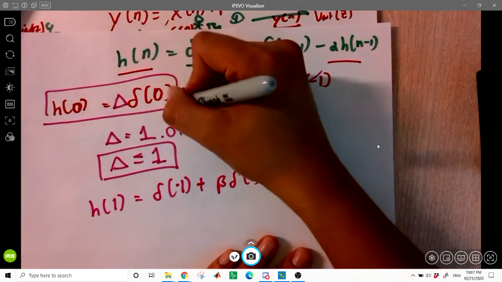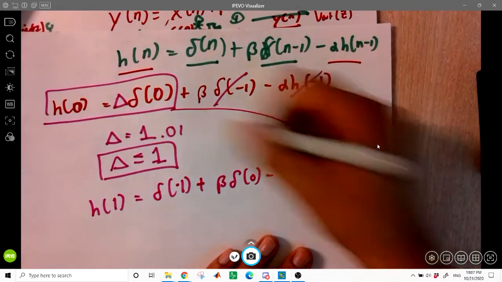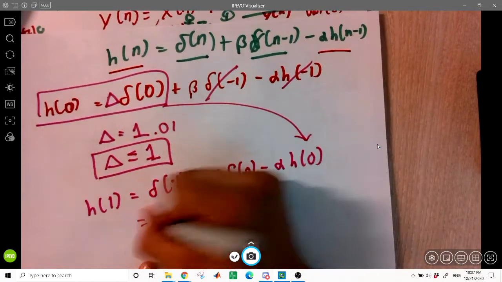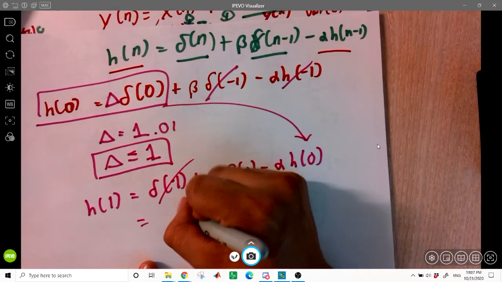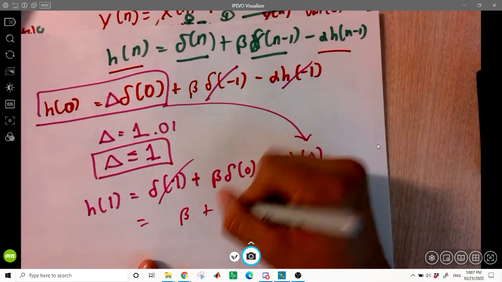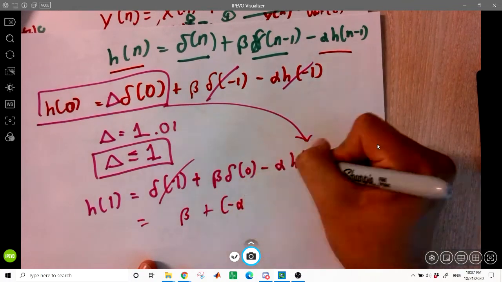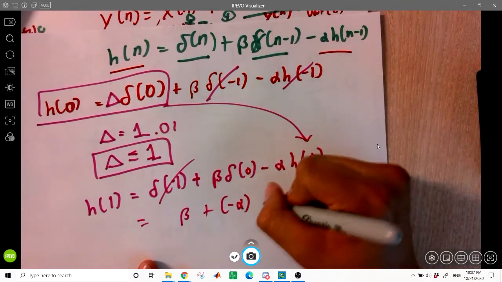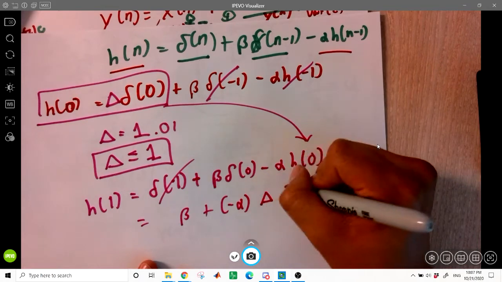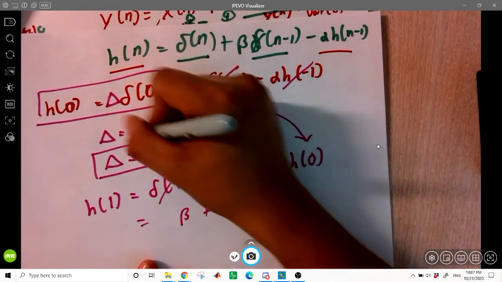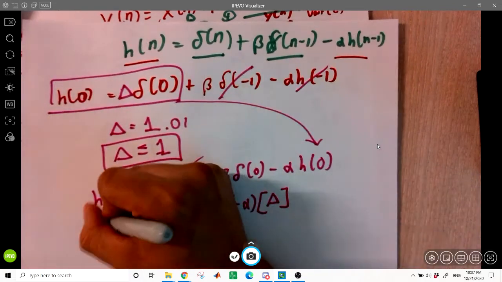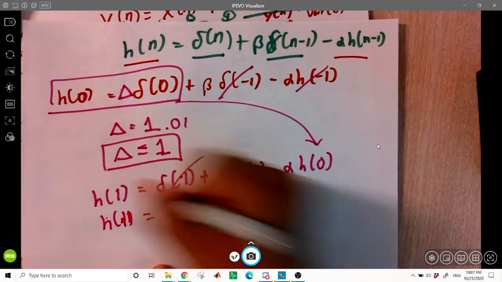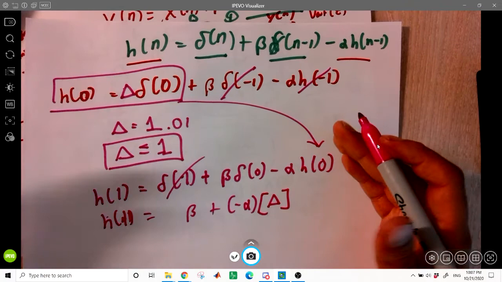We already know what this is, so you would have to substitute it right here. This guy is gone, and this guy is a 1. So your final term is minus alpha from that, h, put a triangle, and that's literally equal to 1. So this would be h of 1, and you would keep doing this until you get your natural response.